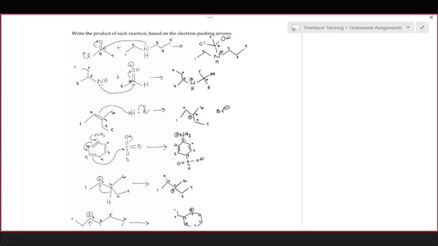So why did you decide to form the new bond between the hydrogen and 2 rather than between 3 and 2? Because... trying to remember the rule for that.